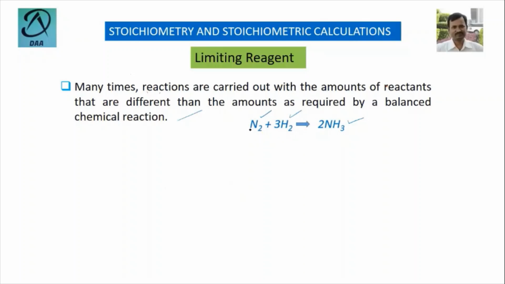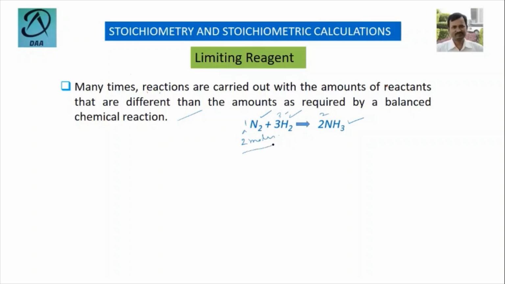In this case, 1 mole of nitrogen gas with 3 moles of hydrogen gas produces 2 moles of NH3 gas. So if you put 2 moles of nitrogen in the reaction, then 1 mole will be consumed if only 3 moles of hydrogen are present there.